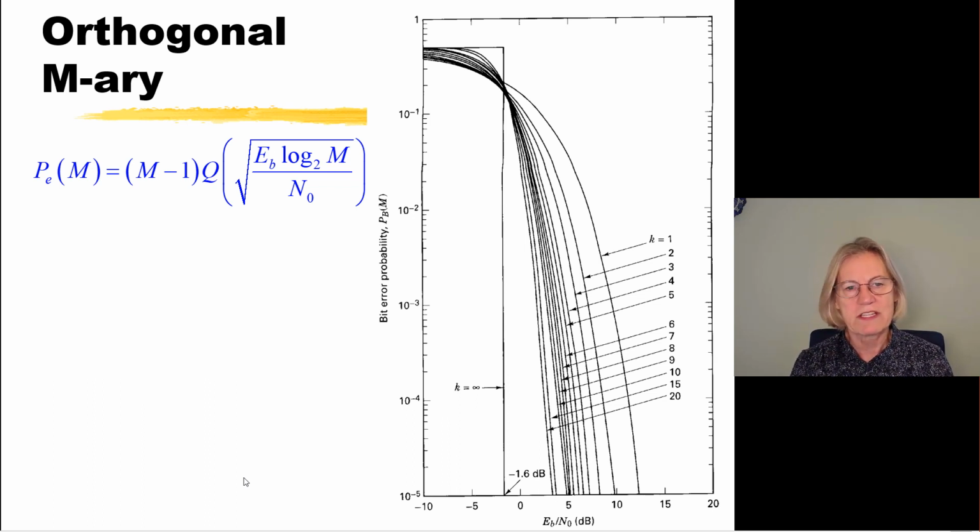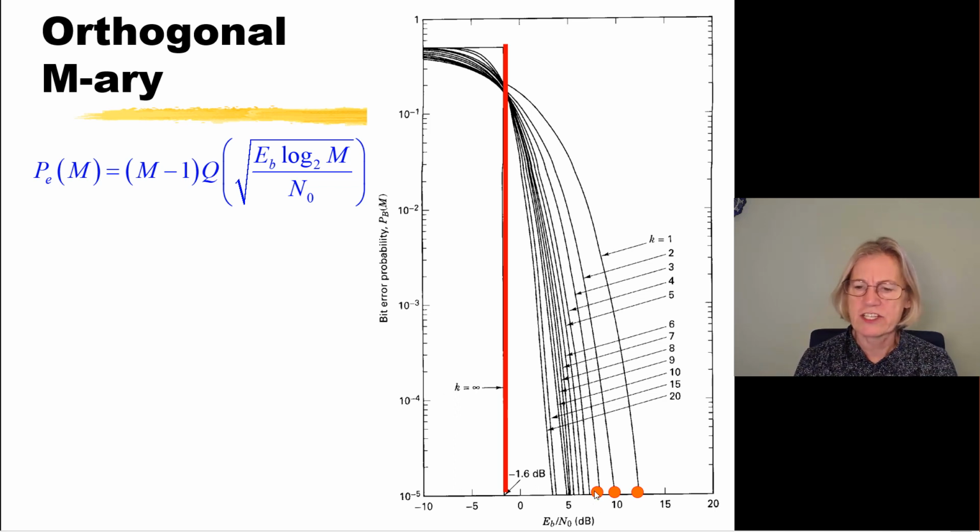There's a certain limit that I cannot break. And there it is. So this is the limit, if you will, for an infinite number of frequencies in FSK.